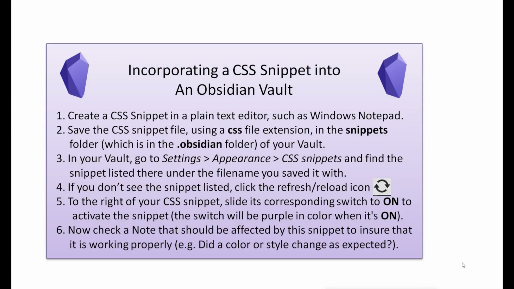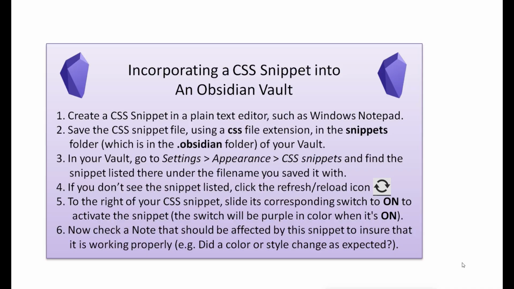And that's all there is to incorporating a CSS snippet into an Obsidian vault. Again, to review, create the snippet in a plain text editor such as Windows Notepad. Save the snippet file using a CSS file extension in the Snippets folder, which is in the .obsidian subfolder of your vault. In your vault, go to Settings, Appearance, CSS Snippets. Find the snippet listed there under the file name you saved it with.